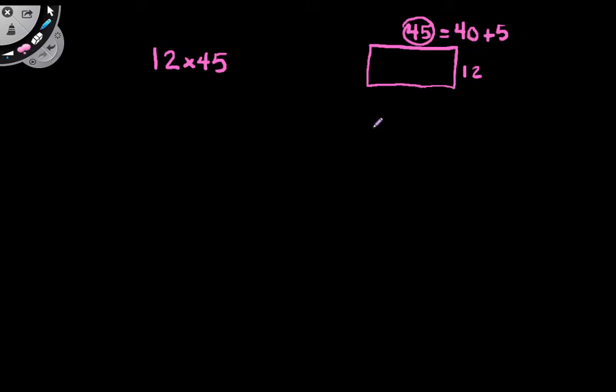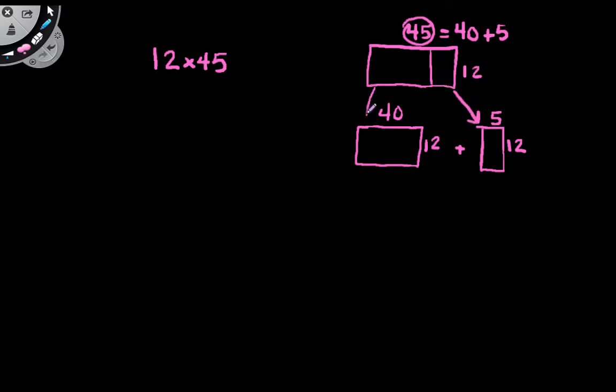So we broke that apart into two rectangles where we had the 40 by 12 rectangle plus a 5 by 12 rectangle, because the length at the top was 45 and we cut it down and made this go over here. That was the 5 by 12, and this section went over here, was the 40 by 12.